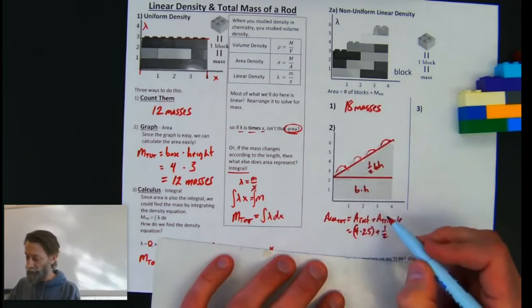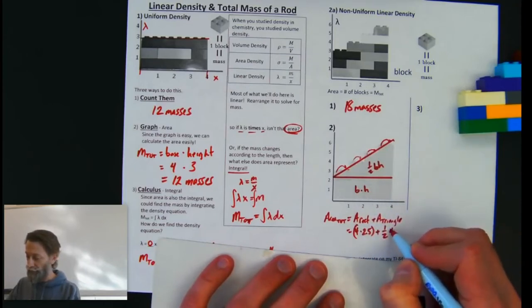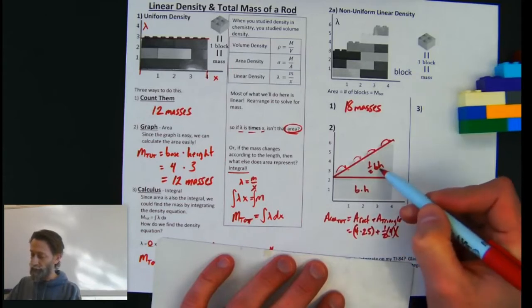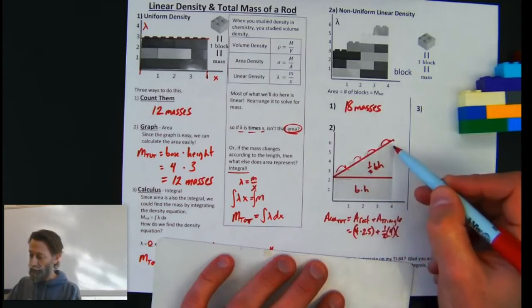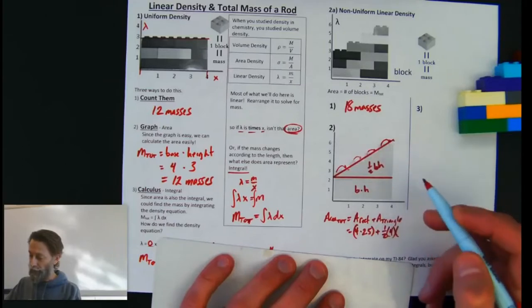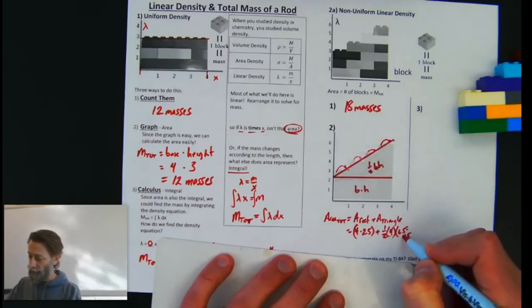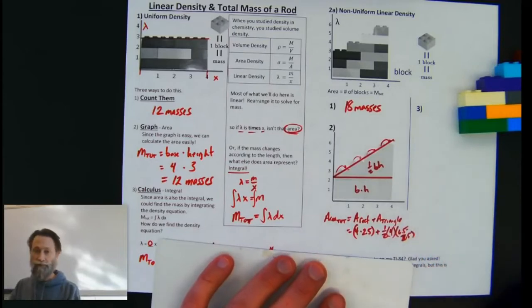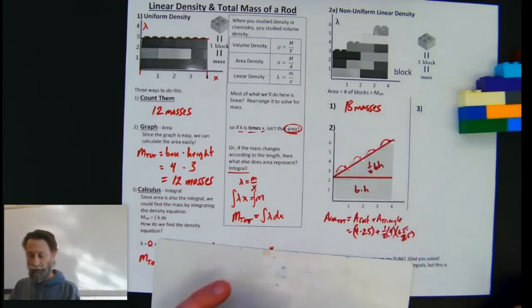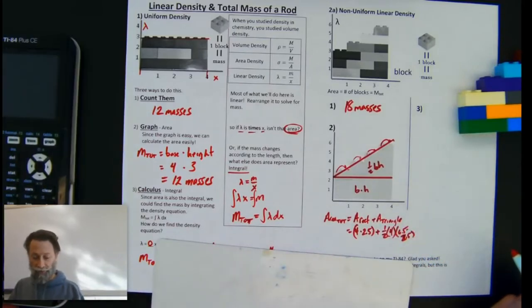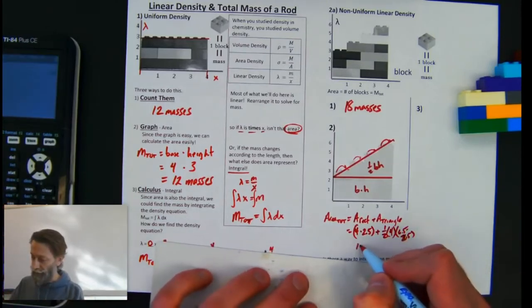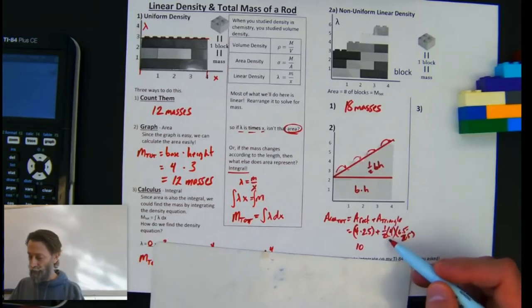So my base is going to be 4 again, and my height is going to be what? 6.5 minus 2.5. And when I punch all those numbers into my calculator, 4 times 2.5 is going to give me 10. And half of 4 will be 2.